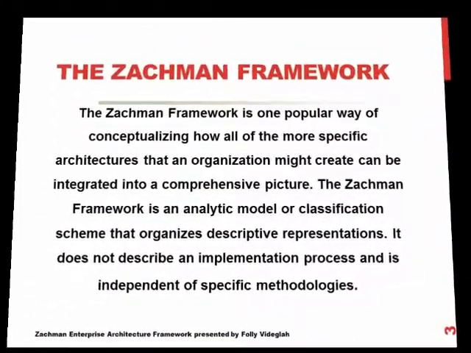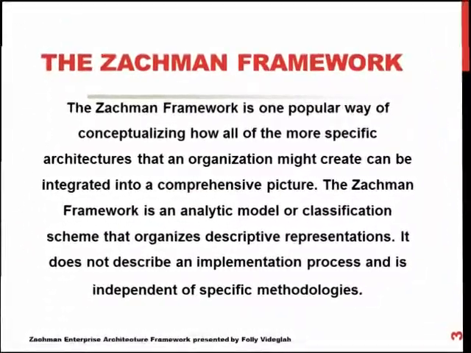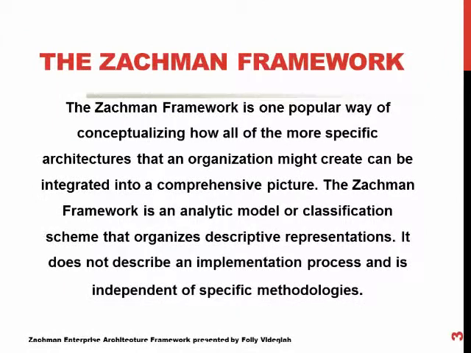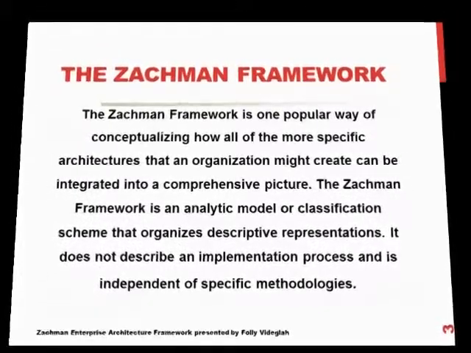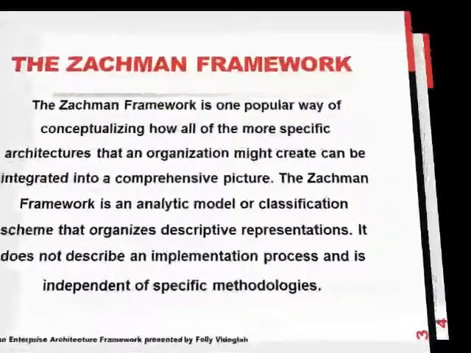The Zachman Framework is one popular way of conceptualizing how all of the more specific architectures that an organization might create can be integrated in a comprehensive picture. It is an analytic model, a classification scheme that organizes discrete representations. It does not describe an implementation process and is independent of specific methodology.